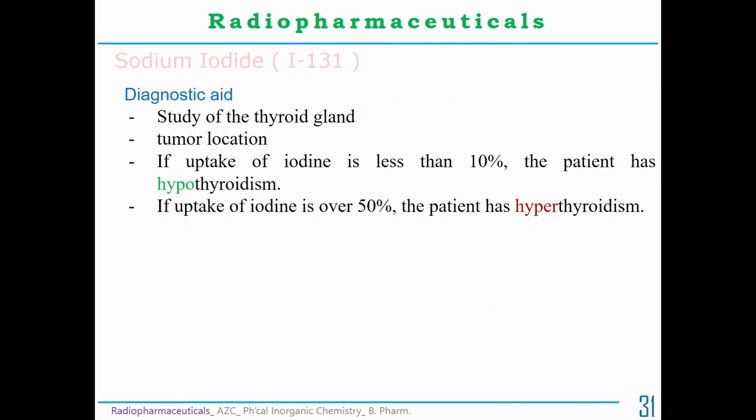Use as diagnostic aid, study of the thyroid gland, tumor location. If uptake of iodine is less than 10%, the patient has hypothyroidism. If uptake of iodine is over 50%, the patient has hyperthyroidism.